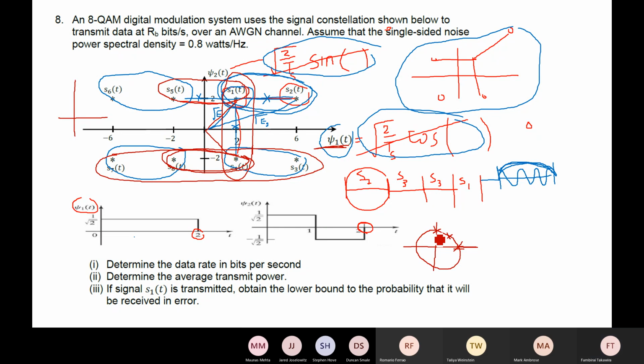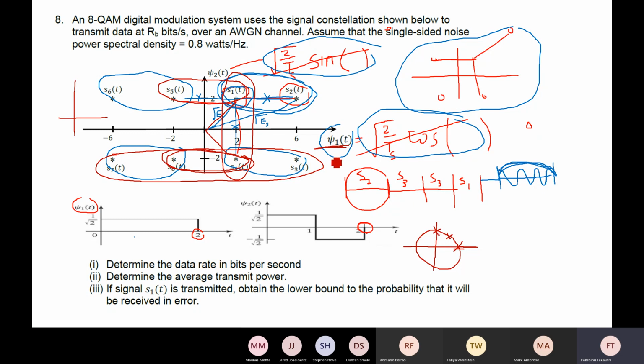Now, the PSK system is also a QAM system, but it's a special case of a QAM system where the phase between successive signal points is constant.